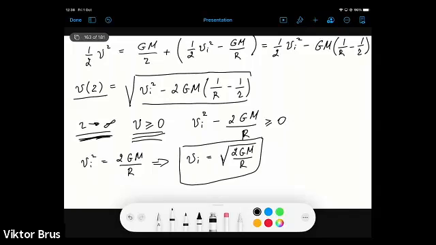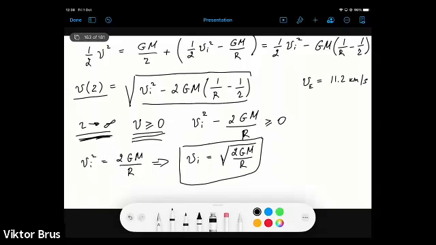So we have mass in the numerator and radius of the planet in the denominator. So for planet Earth, this escape velocity is something about 11.2 kilometers per second.